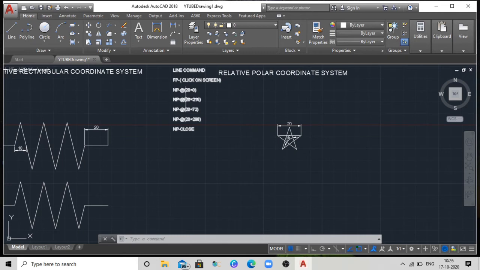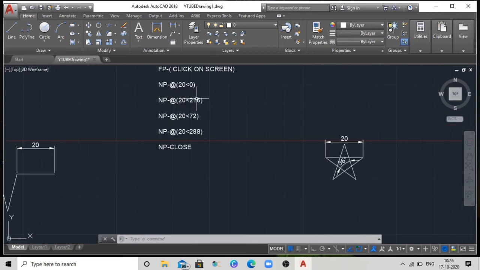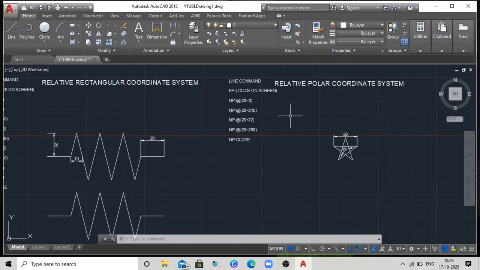In this polar coordinate system we will use the @ sign, because the @ sign indicates the distance with the coordinate to the angle. Means in the polar coordinate we will use @ as a distance, then the length of the coordinate and the angle. So let us do an example, you will understand.